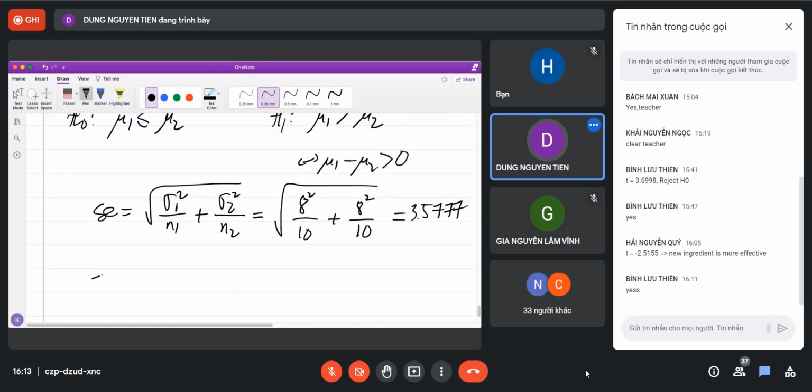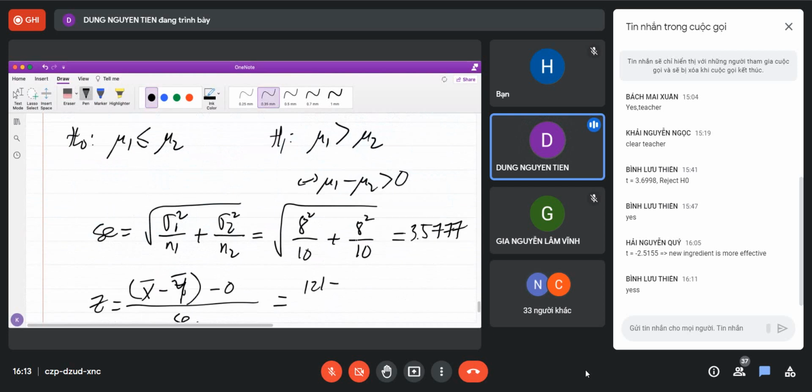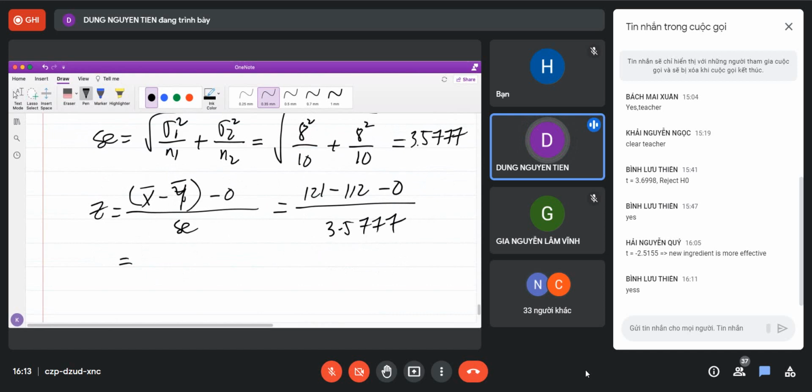Then you can find the z value, which is x bar minus y bar minus 0 over the standard error: 121 minus 112 minus 0 divided by 3.5777. The value z is 2.5156.